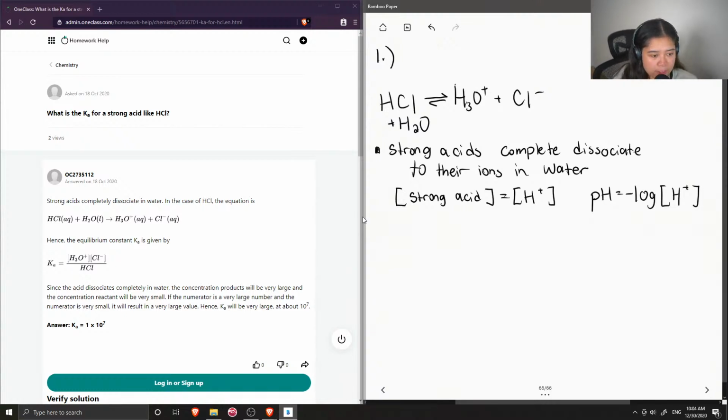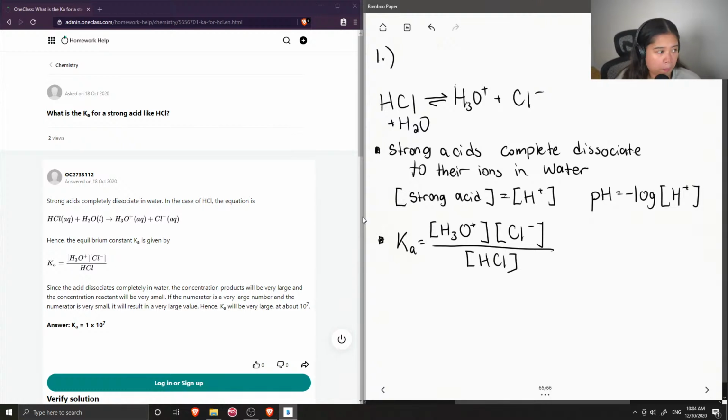So when we need to solve for the Ka, it can be expressed by multiplying the H3O plus ion concentration by the concentration of the chlorine ion divided by the concentration of the strong acid.